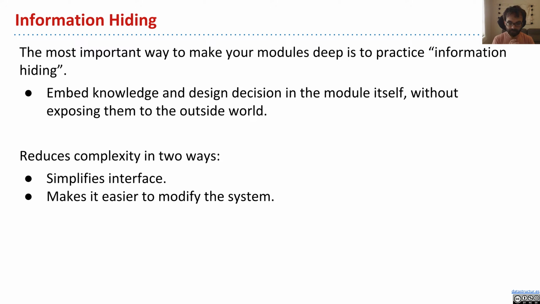Okay? We saw it in the earlier examples where we created an input device class, where you're hiding things inside of the module itself. You don't expose exactly how things are working. And this reduces complexity in a couple of ways. As we said earlier, it simplifies the interface, and it makes it easier to modify the system, as long as we're hiding things.